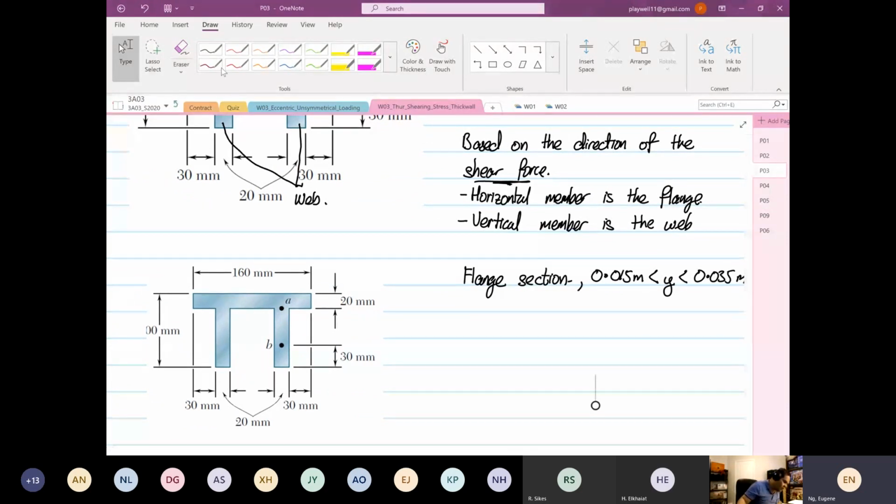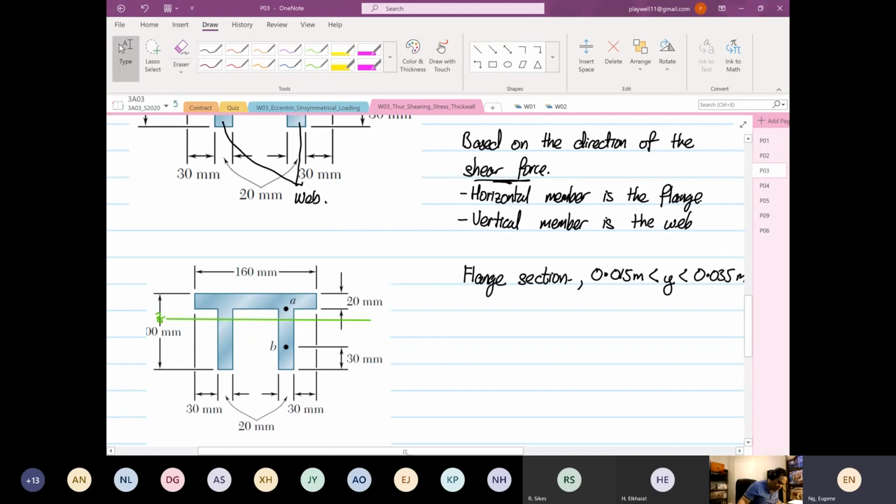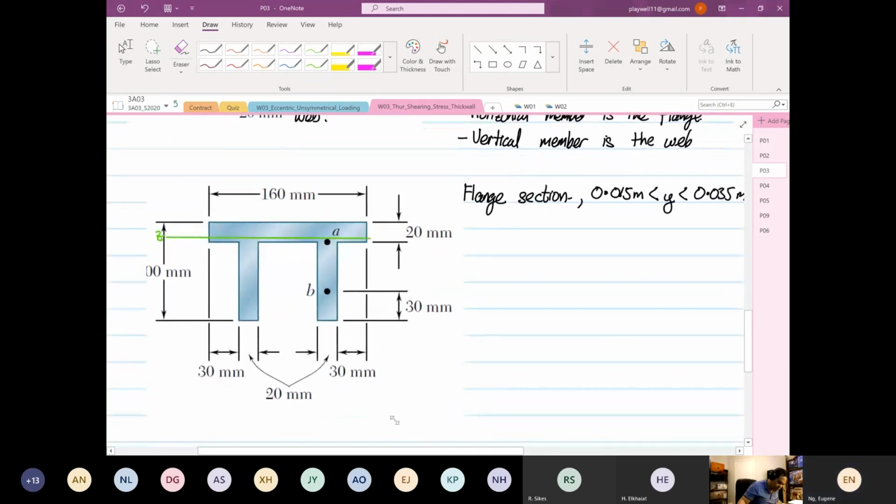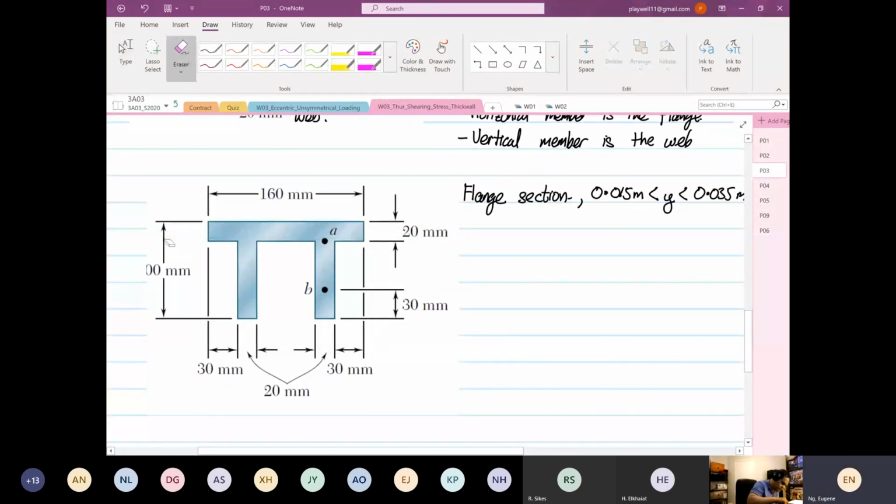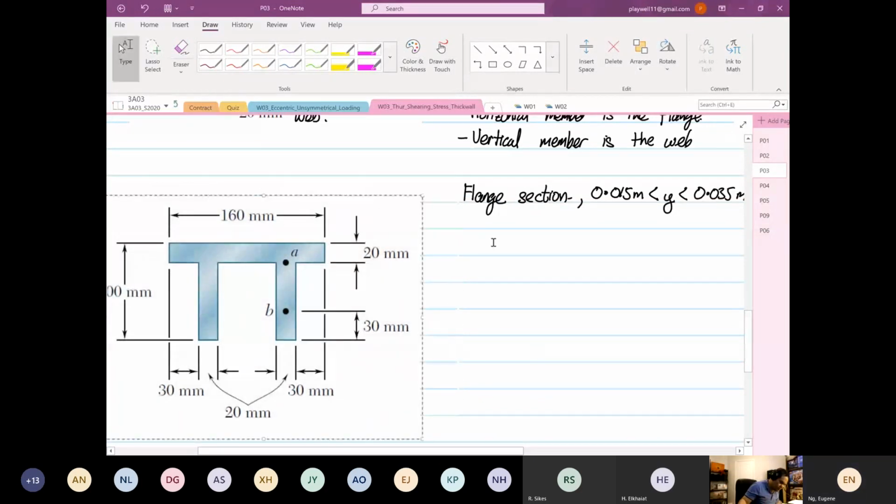So we are aware, right? We are made known that this is the centroid about the y-axis. So this is our location of ZZ. Sorry, I need this diagram to be bigger so you can see better. Right? So this is our ZZ.